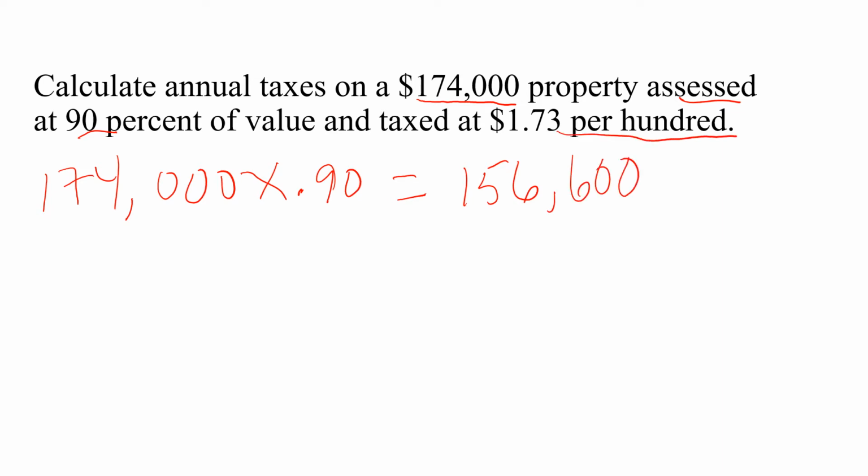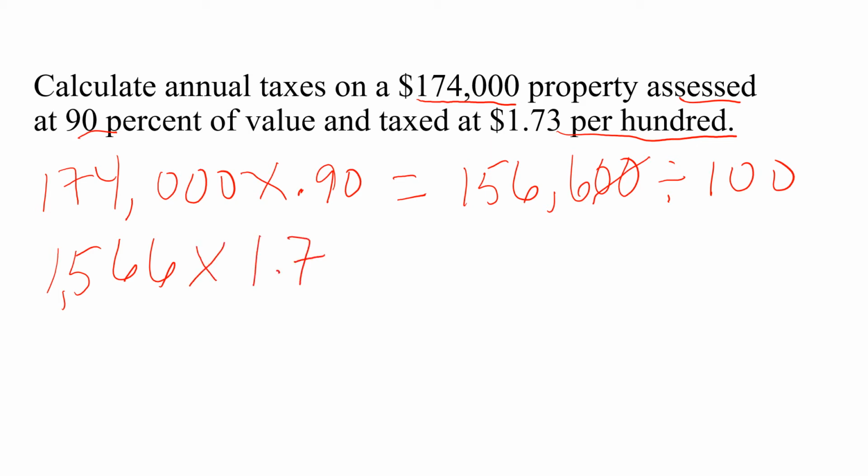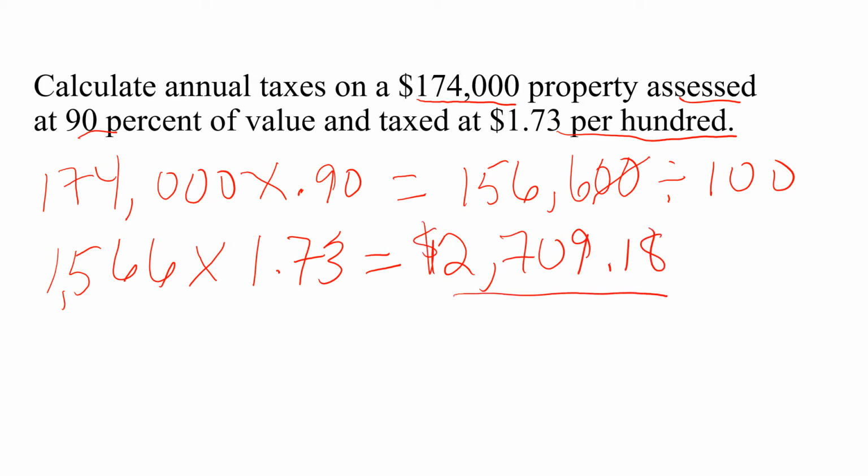And we're taxed per hundred, so let's divide that by 100, which basically means we're just getting rid of 2 zeros. So we have 1,566. And then times our tax rate of 1.73 gives us a total of $2,709.18. That's our annual taxes.